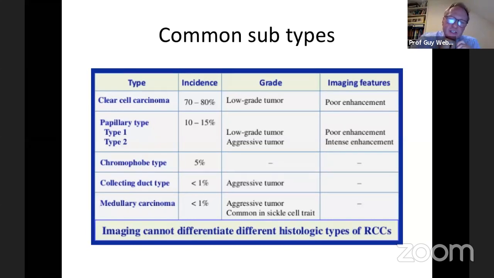Rare is the collecting duct type, which is a very aggressive tumor, and medullary carcinoma as well, which we've seen commonly in sickle cell trait, and seems to be pretty common in the United States amongst the Afro-Caribbean population. But the imaging cannot differentiate these renal cancers.